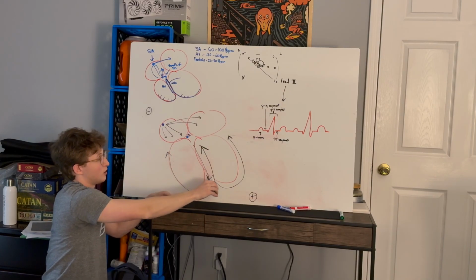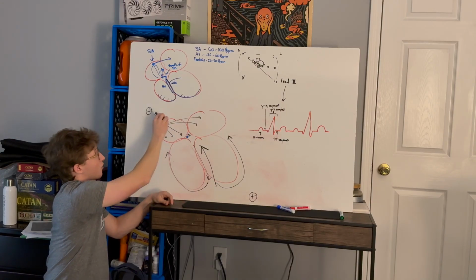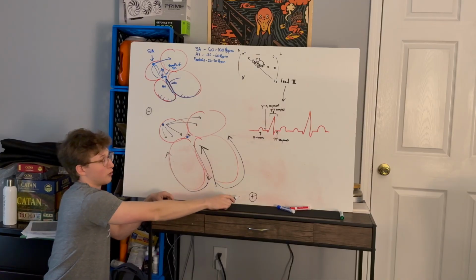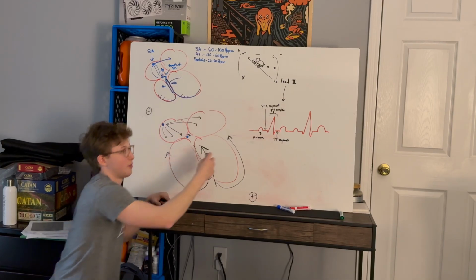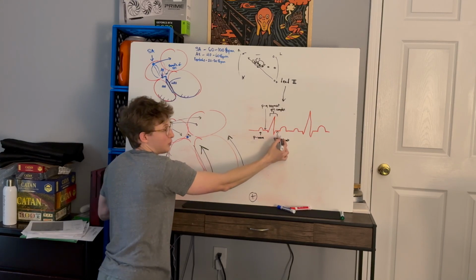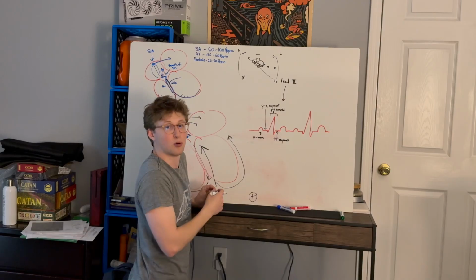So we have negative charge moving upwards towards our negative electrode. In other words, we have a negative movement of charge away from our positive viewing point, which creates an upward deflection, which we see as the T wave. T wave represents ventricular repolarization.